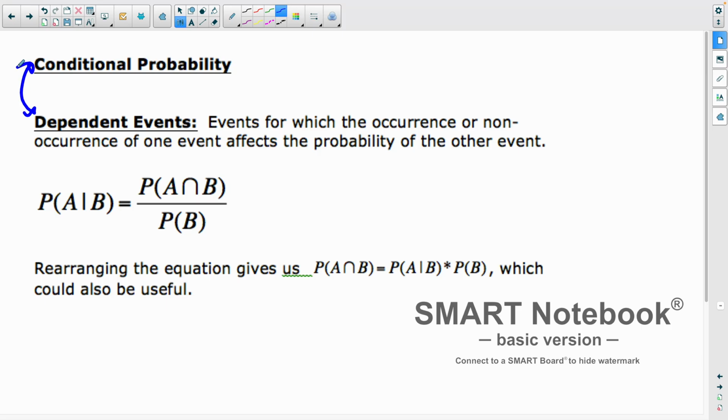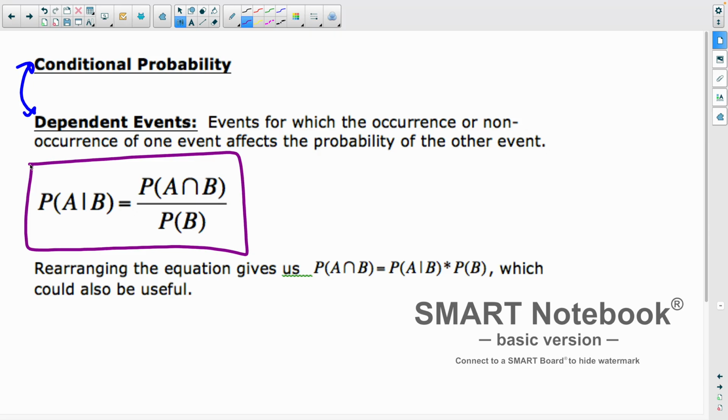So, dependent events: the occurrence or non-occurrence of one affects the probability of another event. Here is the 4th formula that's on your formula sheet, okay? I'm glad that they finally wrote it this way. They used to write it like this on the formula page, which is just that they multiplied by the probability of B on this side and cleared the fraction. But normally we don't use it in this manner.